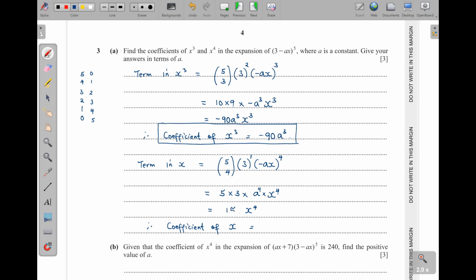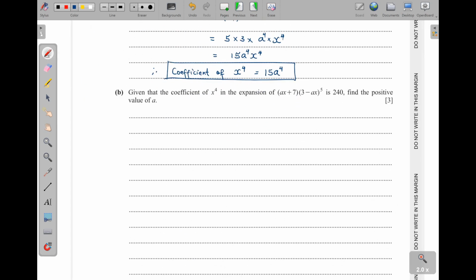So we have 15 a to the power 4, and therefore the coefficient of x to the power of 4 is going to be 15 a to the power of 4. As simple as that.